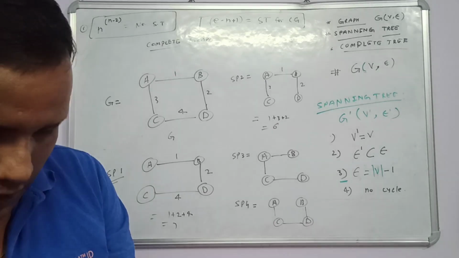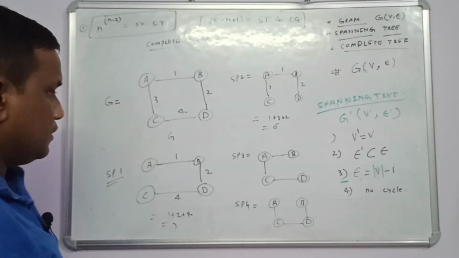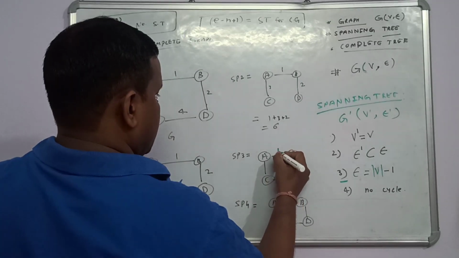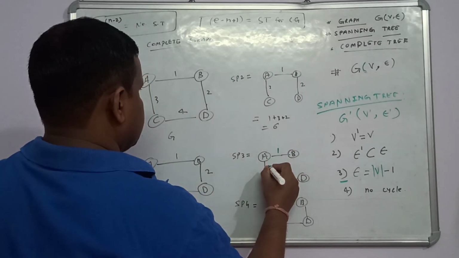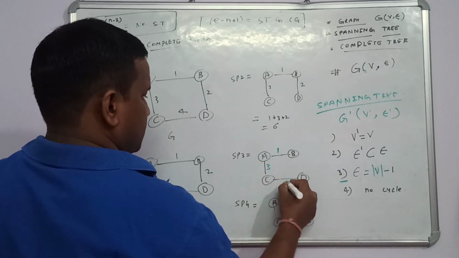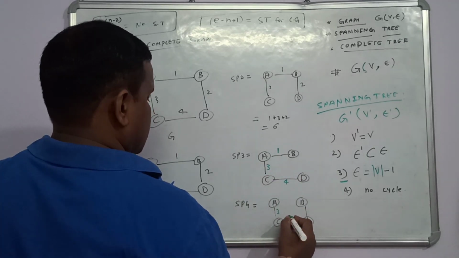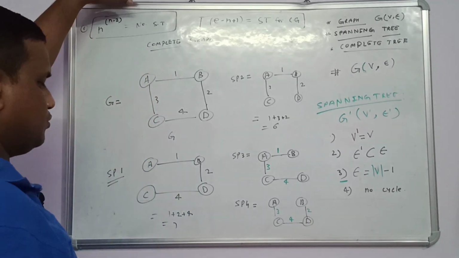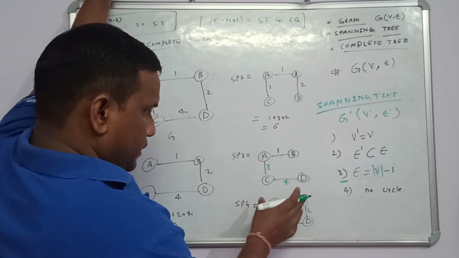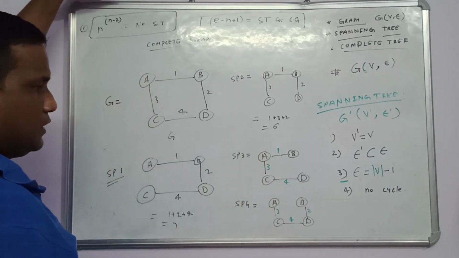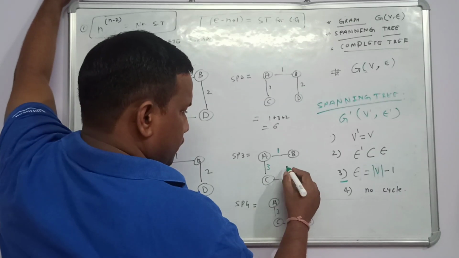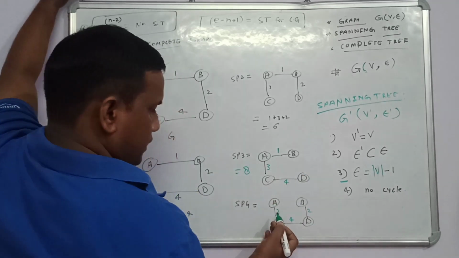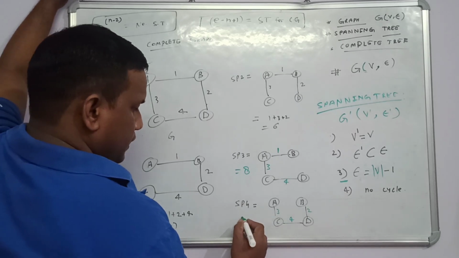Now see one important aspect: write all the weights of the edges which exist there, 3 4 3 4 2, and find out the weight of each available spanning tree. For this one, 1 3 4 is 8. Then 3 4 7 and 2 9.